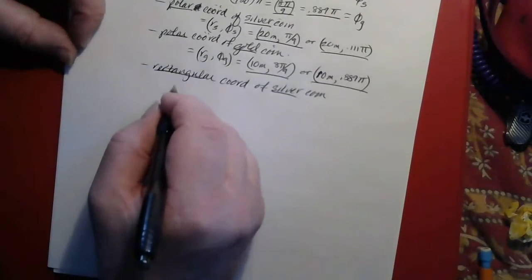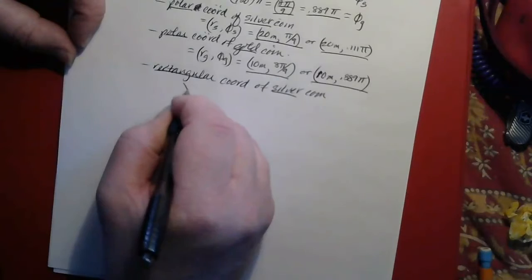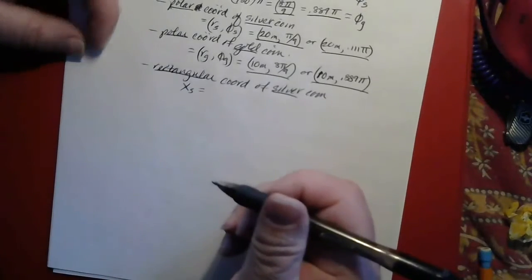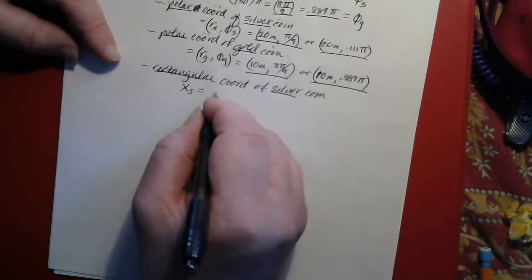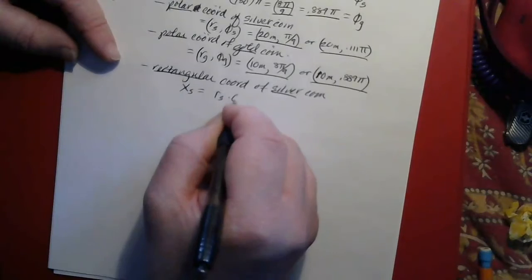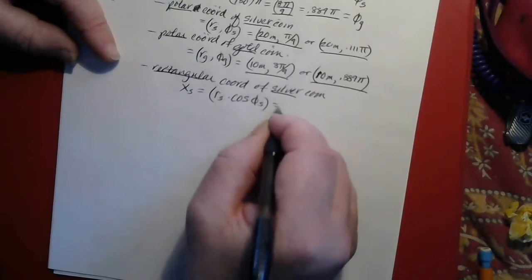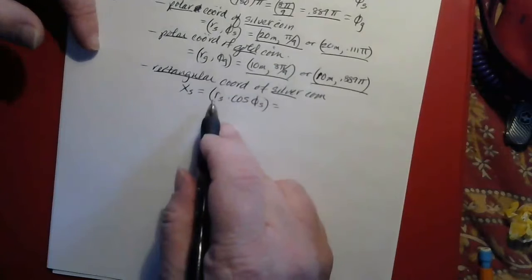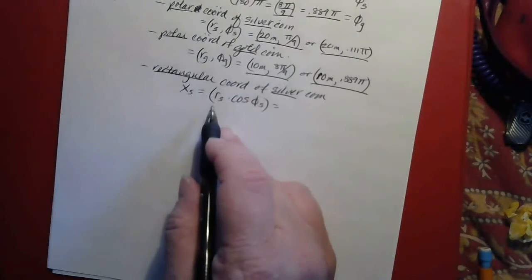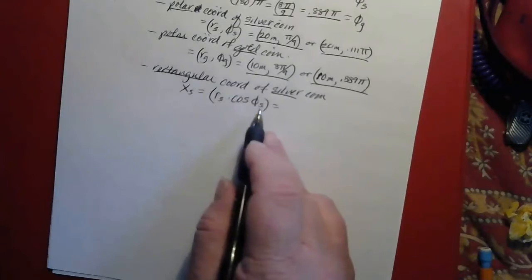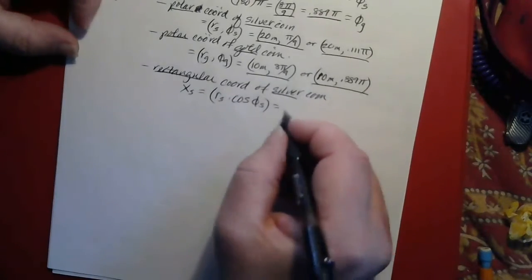The x coordinate of the silver coin, x_s, will just be r times cosine. So that's the r, that is the magnitude of the displacement for the silver coin, times cosine of the angle of displacement for the silver coin.